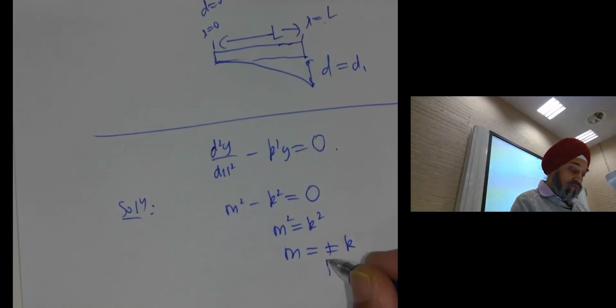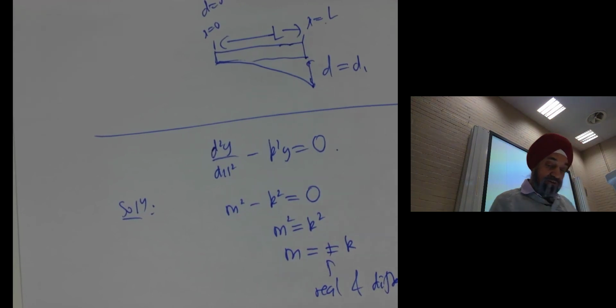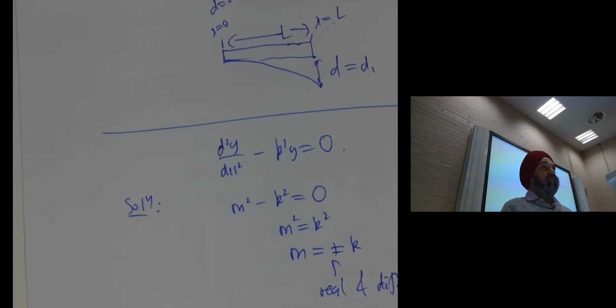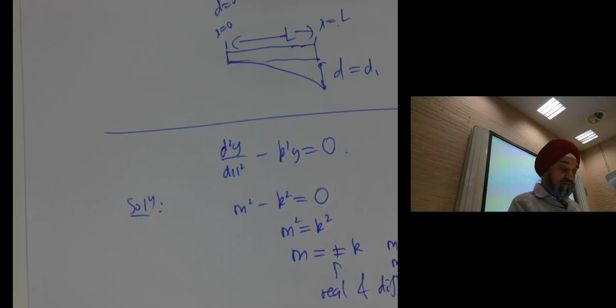So real and different. So what do we get? y is equal to what? Let's say m1 is equal to k, and m2 is equal to minus k.